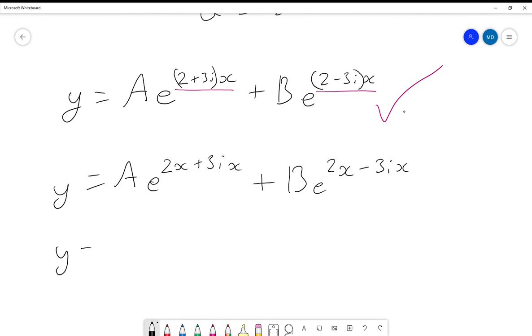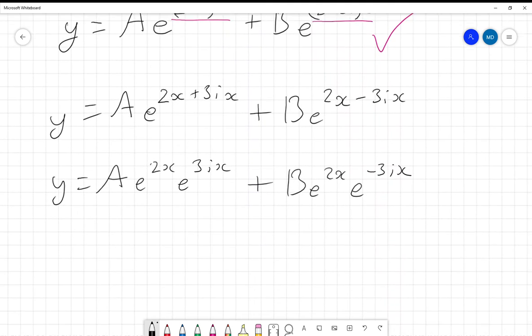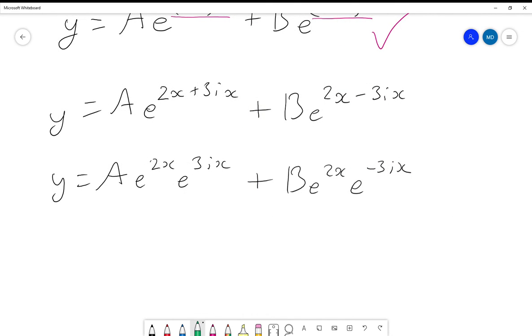So I get y is equal to a e to the 2x e to the 3ix plus b lots of e to the 2x times e to the minus 3ix. And now we should notice we have a nice common factor here, this e to the 2x.